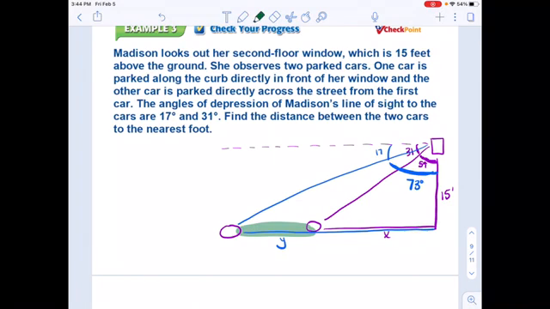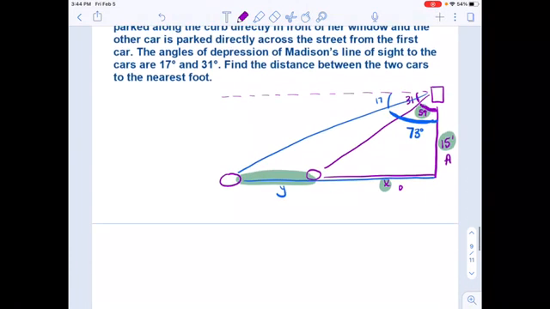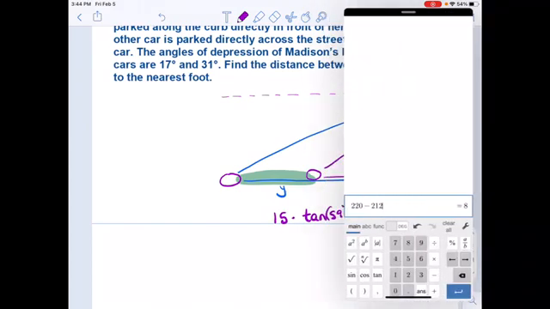So this one has been very tangent oriented today. We have our perspective here, we have our adjacent, and we are trying to find our opposite, which means we're using tangent again. So we have tangent of our degree, 59, is equal to opposite over adjacent. So hopefully we get really good at using this tangent at least. Cosine and sine look similar, except sine is opposite over hypotenuse and cosine is adjacent over hypotenuse.